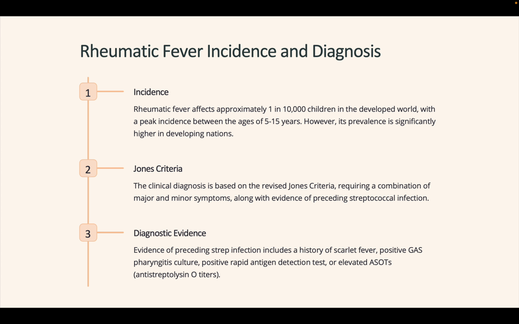So the Jones criteria. The clinical diagnosis is based on the revised Jones criteria, which requires a combination of major and minor symptoms along with evidence of preceding streptococcal infection.